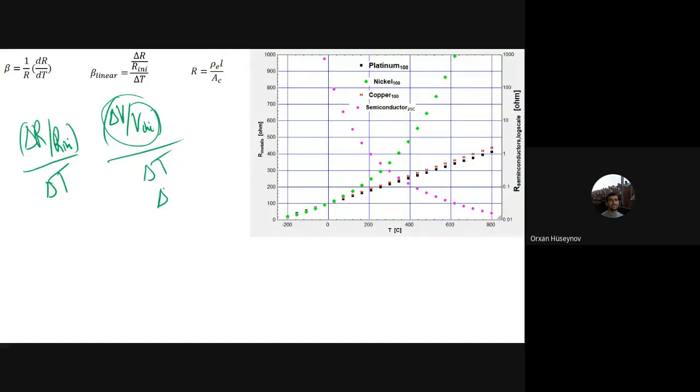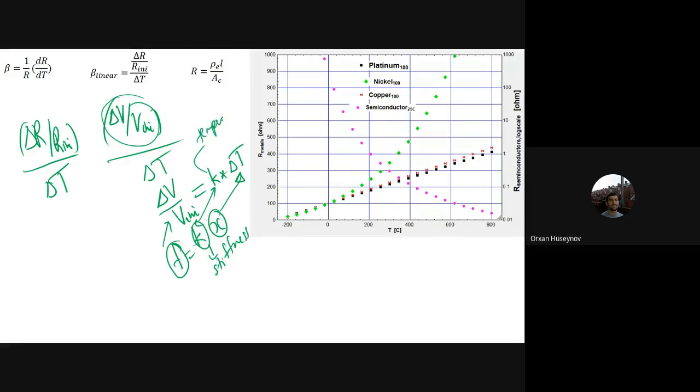So if I write this one as delta V by V initial should be K into delta T. So linear change. If you remember, F is Kx. X is this one, F is this one, and K is the constant. In a spring, it is stiffness. And here it is some temperature coefficient. You see the similarity is very important.